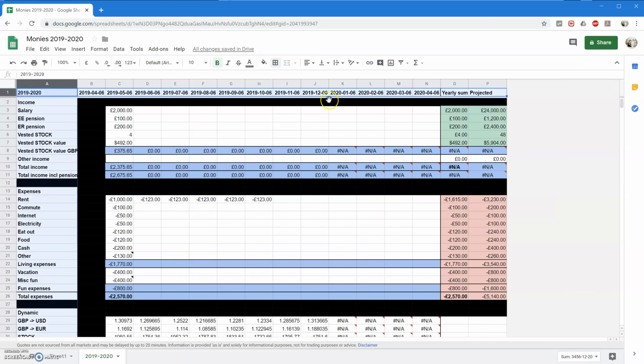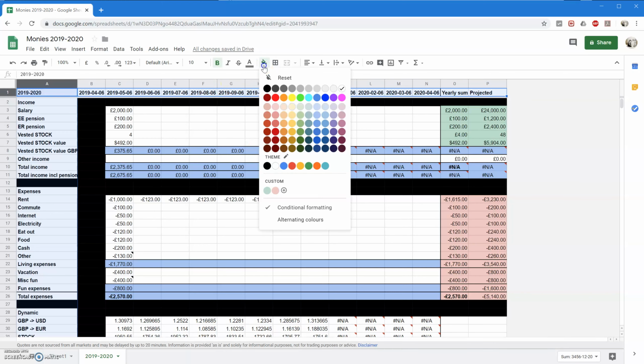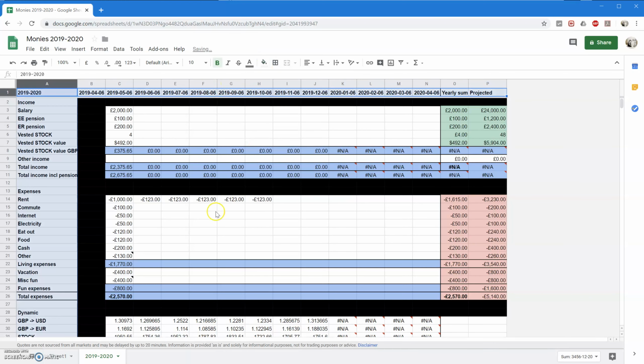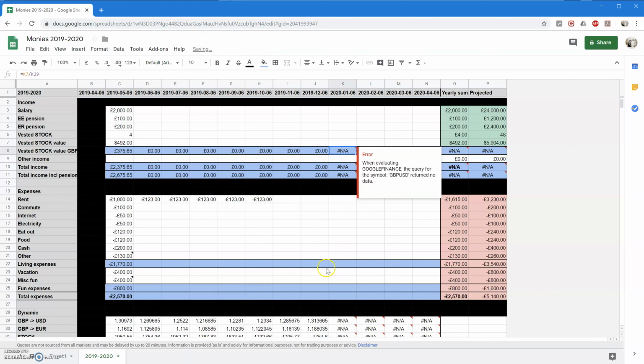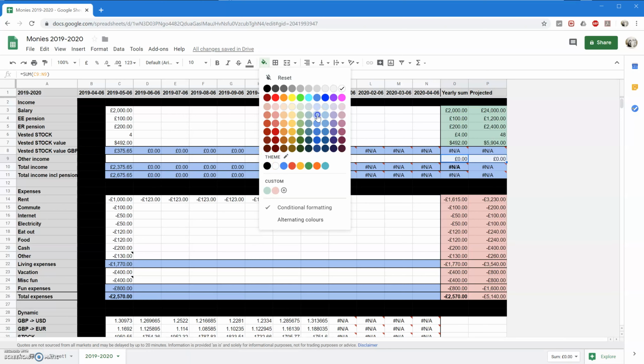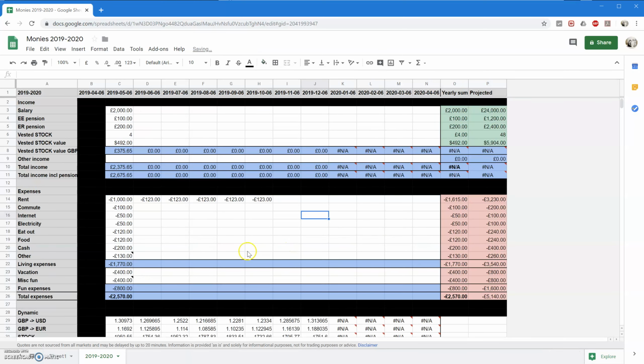And I like to make everything that I should not fill out gray. Actually, a bit more gray than that. That way I know that everything that is white I still have left to fill out.